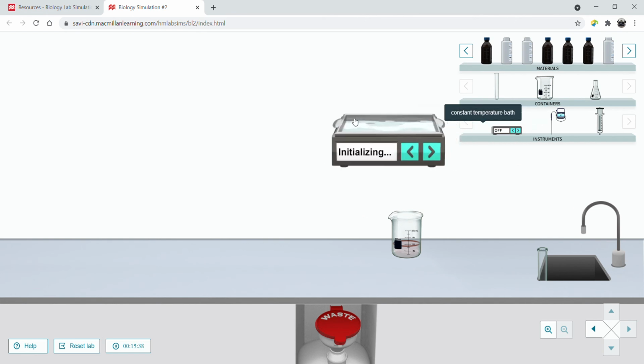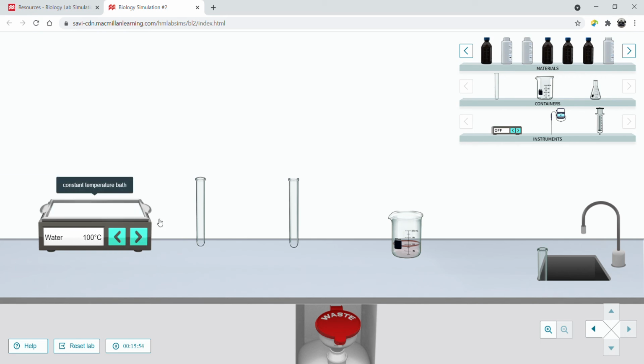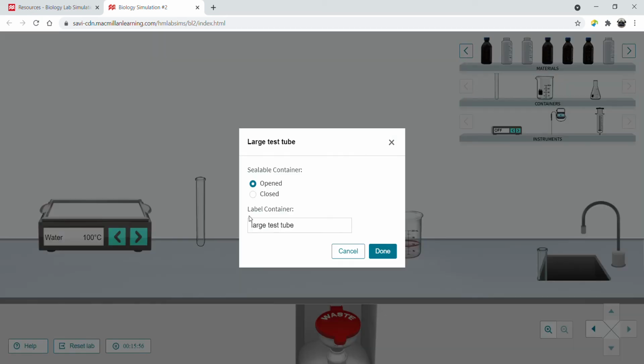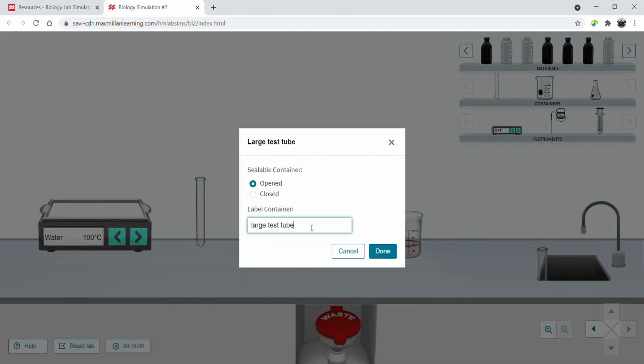All right, so we're going to run the Benedict's test on the potato and the milk. Let's bring this up to 100. This is going to be potato, potato, and milk.